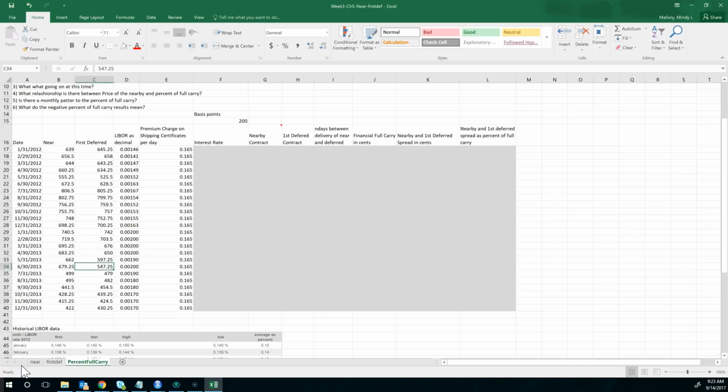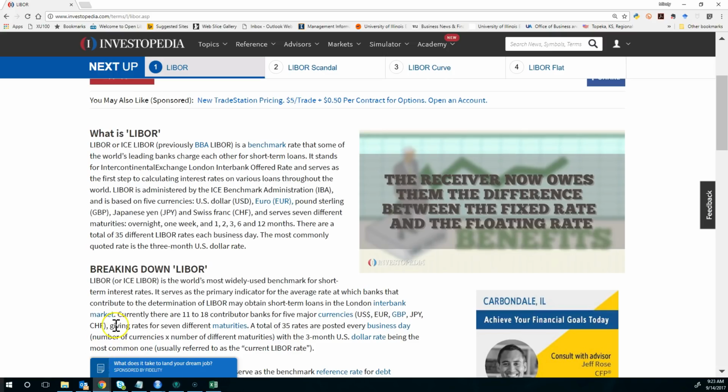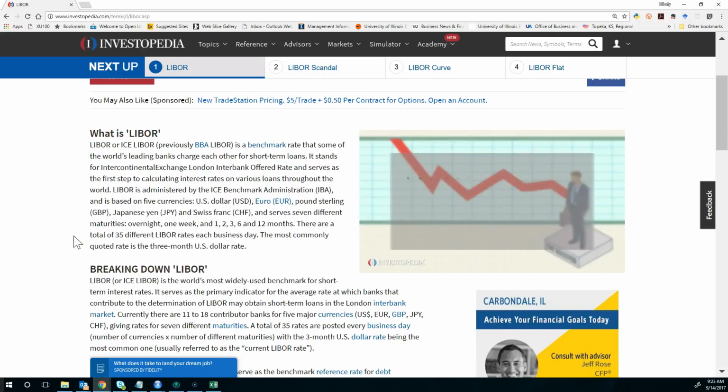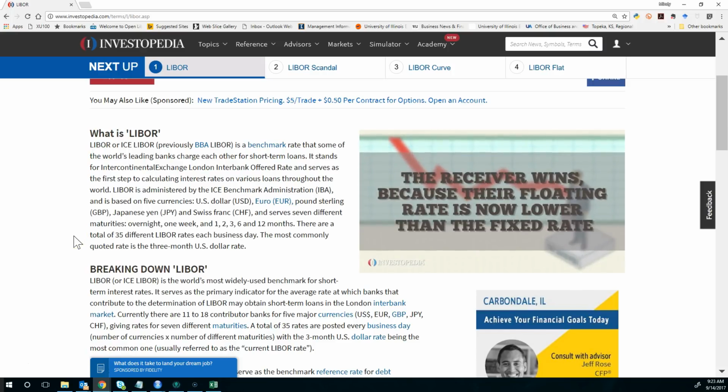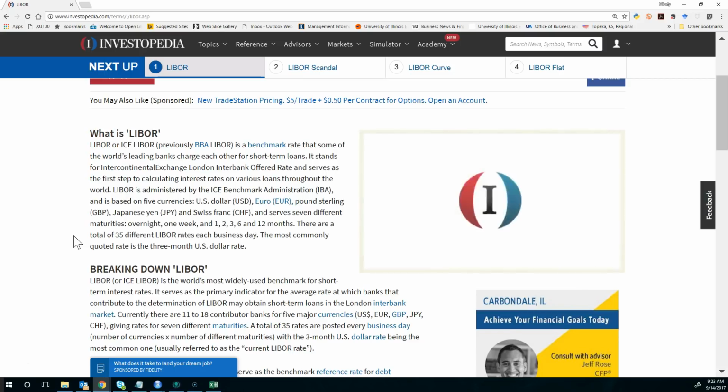So many of you are probably wondering, what is the LIBOR interest rate? So let's take a look at that. I'm just going to navigate over to this site called Investopedia, and they've got a little article that explains what LIBOR is. It says that LIBOR stands for the Intercontinental Exchange London Interbank Offered Rate.